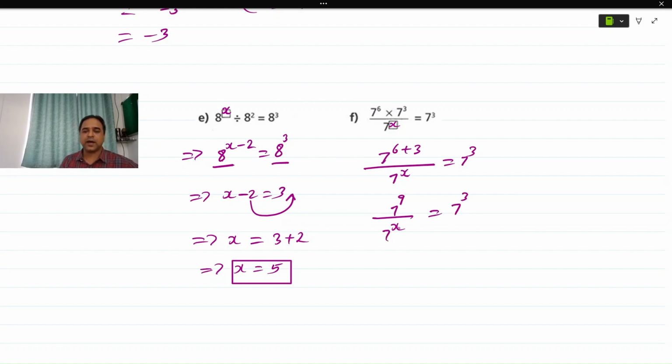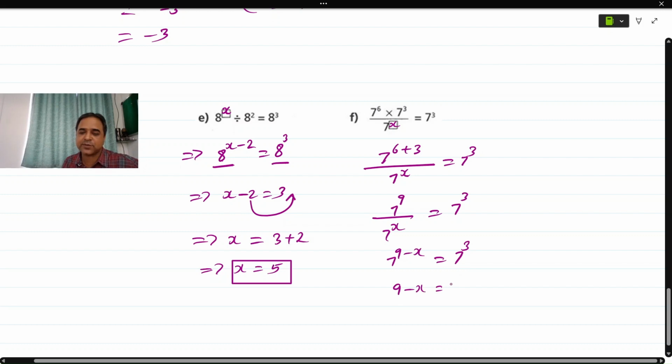Now you know that the relation is division, so subtraction of power will be done in this case. So 7 to the power 9 minus x is giving me 7 to the power 3. Again, the base is same, and if both the terms are equal, that means their powers are also same. So you will write here 9 minus x is equal to 3.